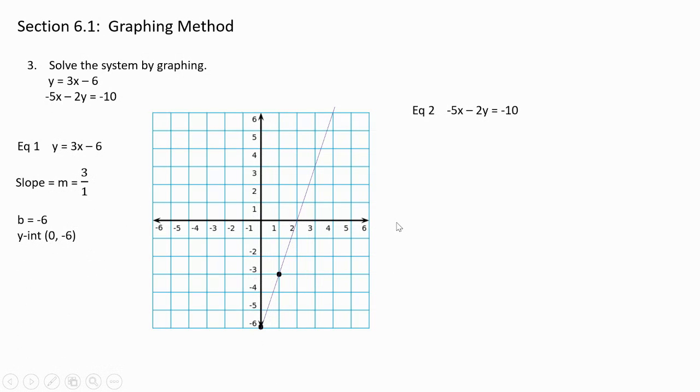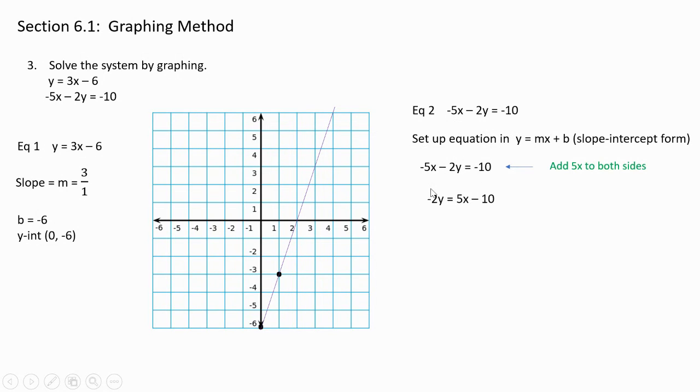Now we have to do the same thing for equation number 2. Let's keep it uniform and set it up in the form y equals mx plus b, which is called the slope-intercept form. So I have to isolate the y. First, we start by adding 5x to both sides, so we get -2y equals 5x minus 10.